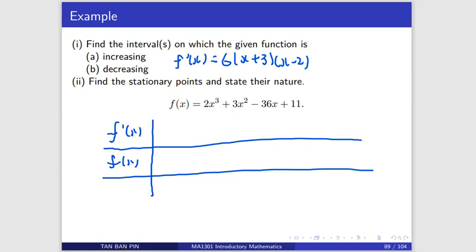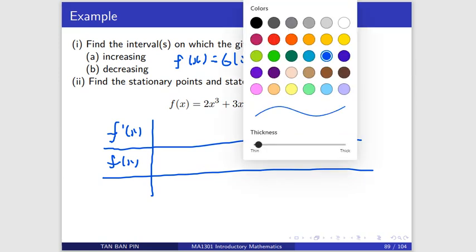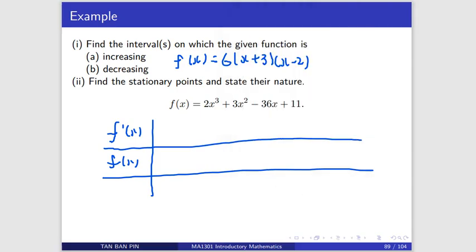So you test out the factors x plus 3 and x minus 2. So it means you test out at minus 3 and at 2. So you test out f prime x, the sign.